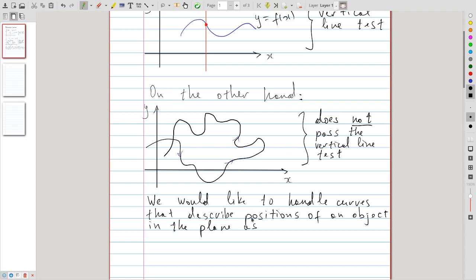Right, so this position of an object in the plane will depend on time.